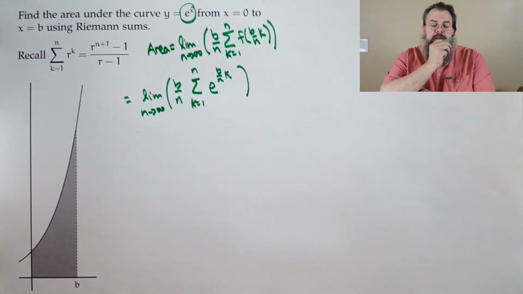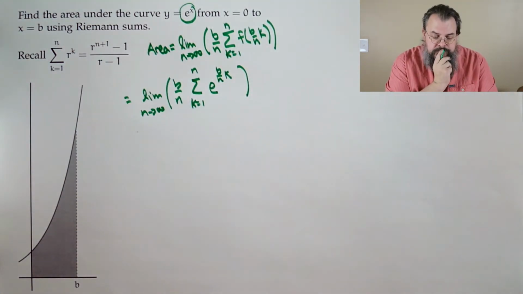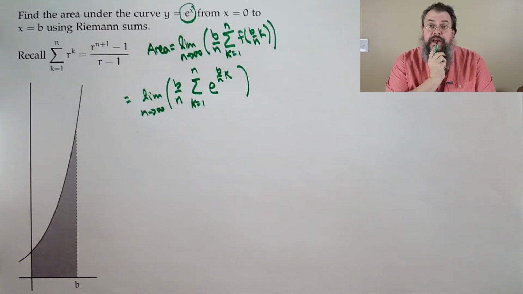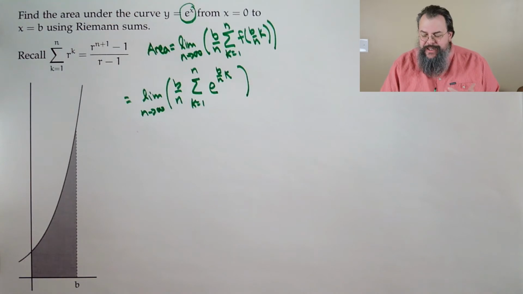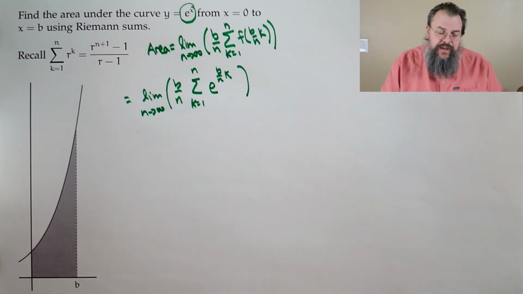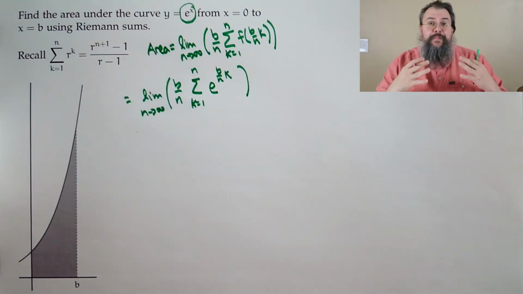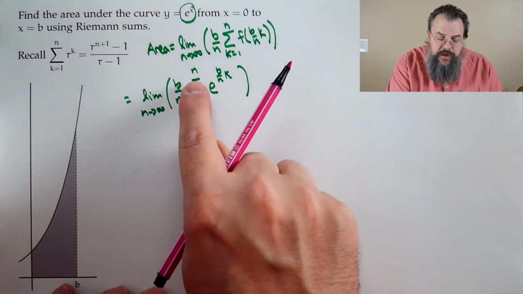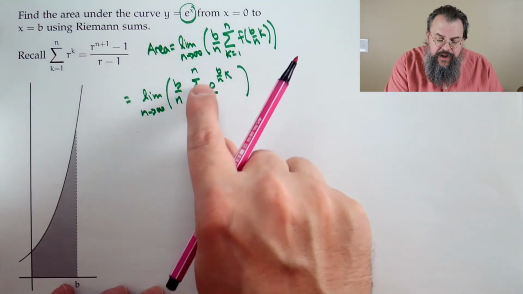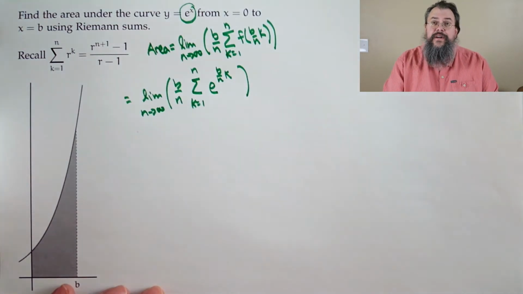Now, looking at this, we say, what can we do? In some sense, we kind of have a huge hint that was handed to us, so let's exploit that. The huge hint is we've got to be looking for something to the k power being added up. Well, we have the right sum, right? Sum k equals 1 to n. So could we write this as something to the k power?